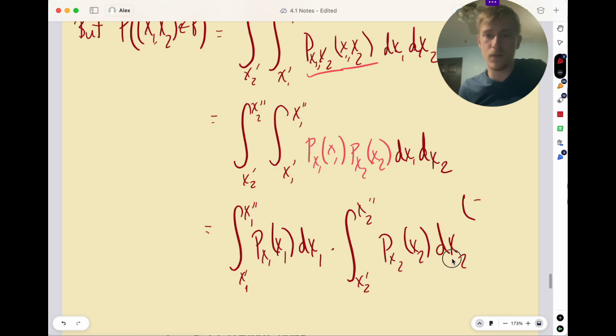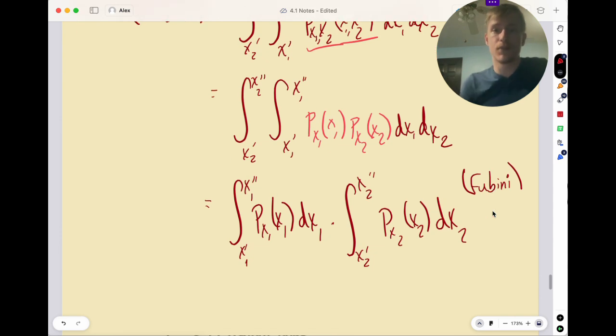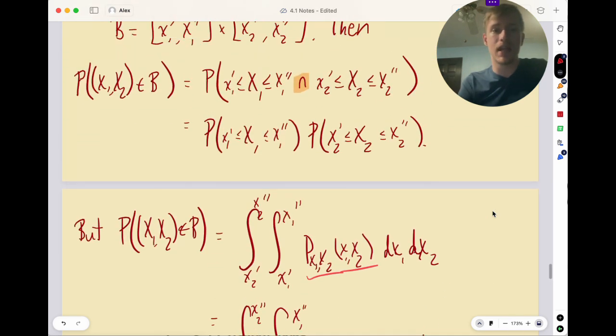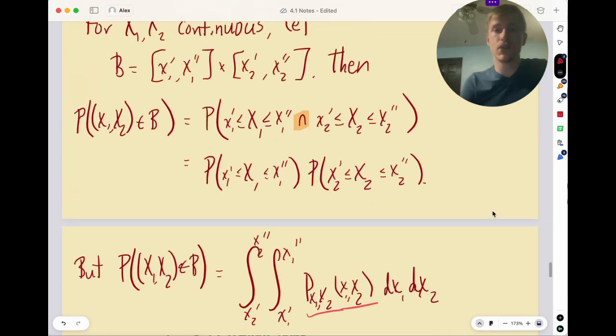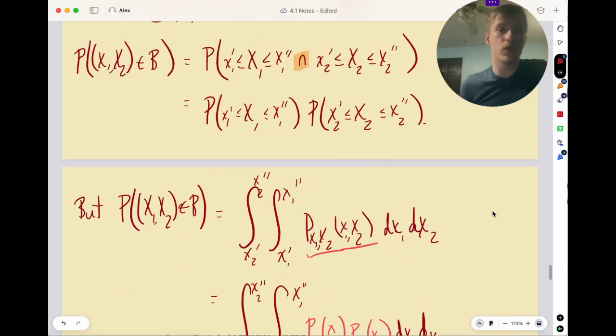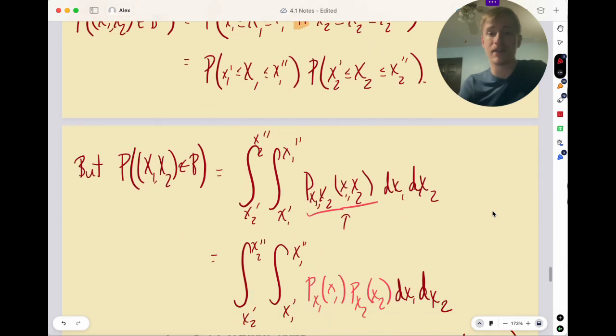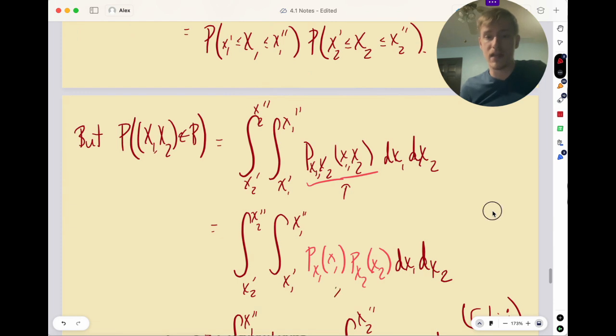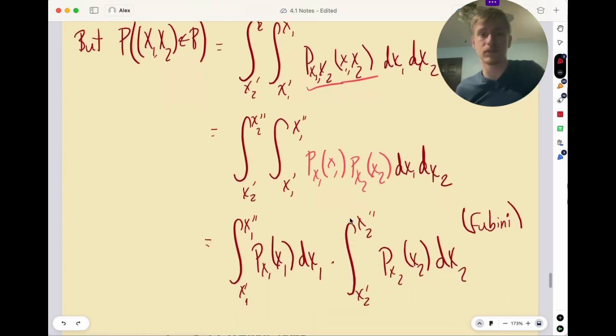This is by Fubini. I think we give Fubini credit for that. Which is precisely what we wanted. So basically this condition that x1 and x2 are independent in the continuous sense means that we can break up this continuous joint PDF as a product of individual PDFs, and this is essentially why.